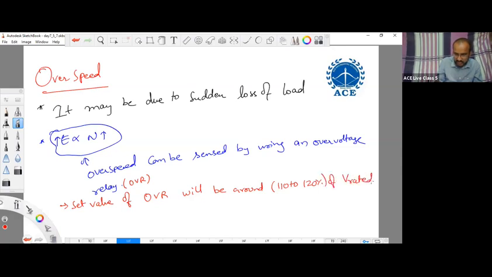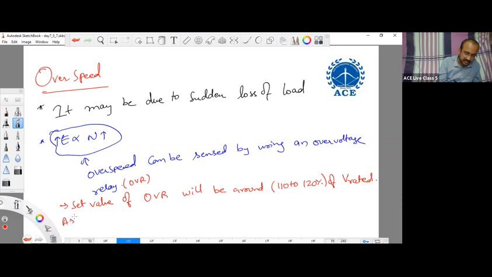Is this a transient condition or a steady state condition? Sudden loss of load is a transient condition. Your overvoltage setting is 110 to 120%, but it is a transient, sudden change, so it may give a variation of around 140 to 150% of overspeed.